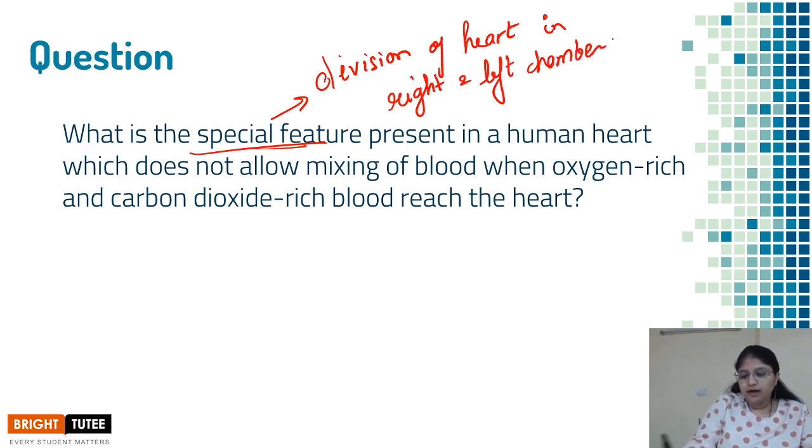The division of the heart happens in such a way that on one side there is carbon dioxide rich blood and on the other side there is oxygen rich blood, and this division is such that these two bloods, oxygenated and deoxygenated, do not mix together, right?